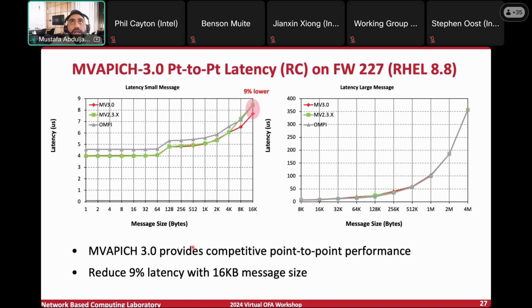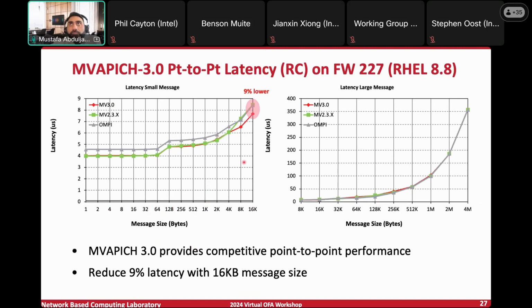So moving on, I just have some preliminary data on the 3.0 point-to-point latency with RC. We can see that the 3.0 series provides competitive point-to-point performance to the baselines, which are OpenMPI and the 2.3.x series that we optimized on the Broadcom cluster.